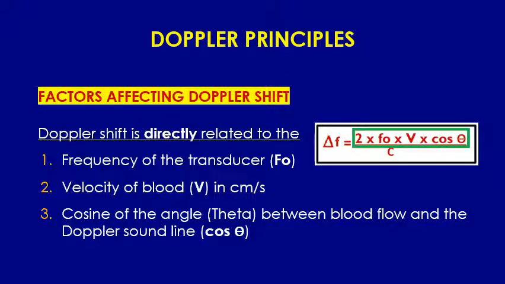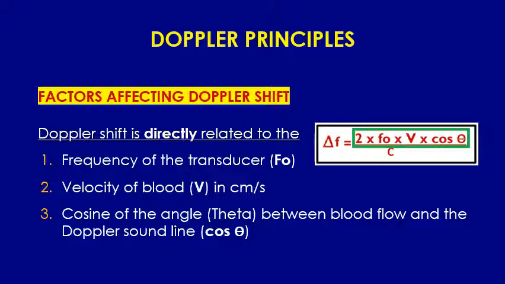If we study the Doppler equation or formula, we will see that some variables have a direct relation to the Doppler shift. Any change in the numerator will give a direct effect on the Doppler shift, while the denominator will have the opposite effect, so it is inversely related. The numerator is directly related, the denominator is inversely related.